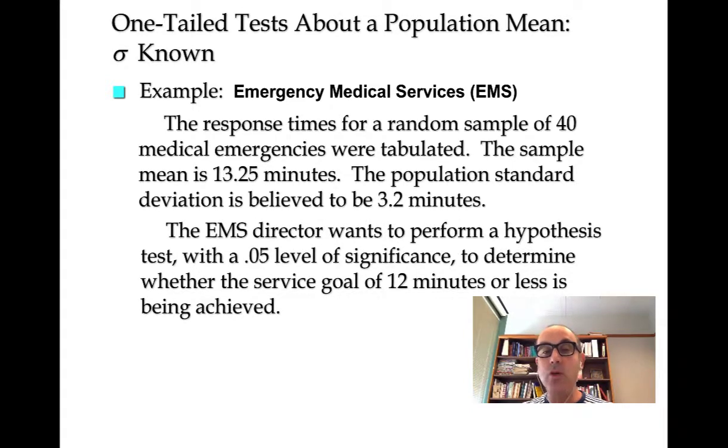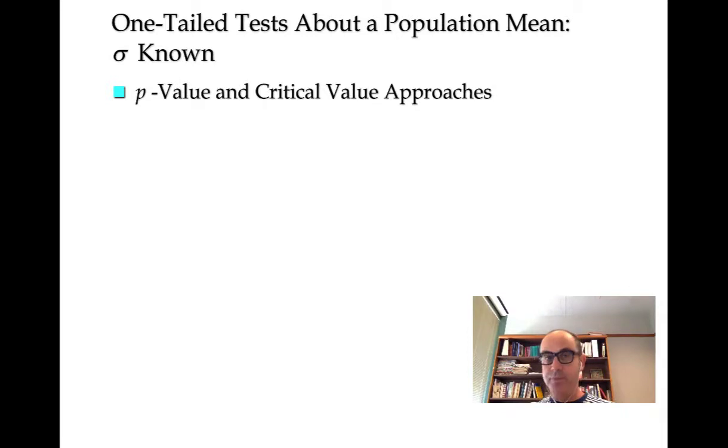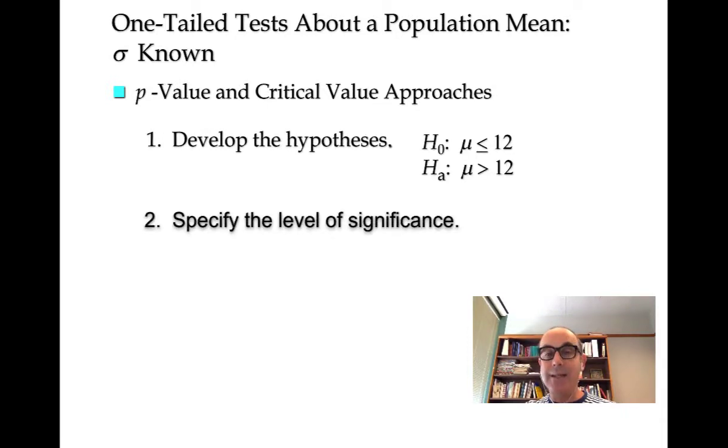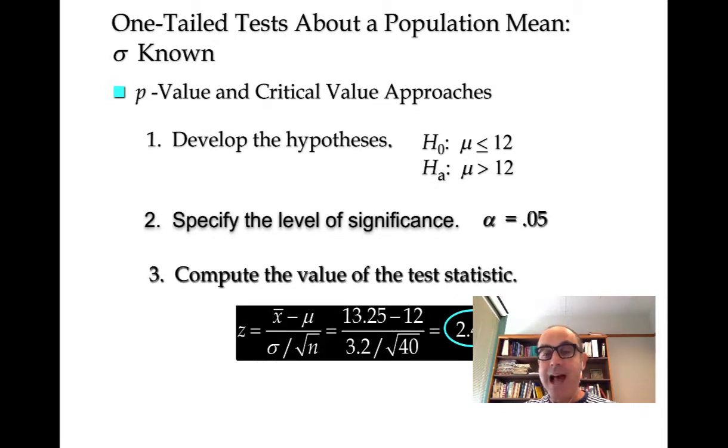In this example, we are giving you the level of significance, 0.05, to determine whether the service goal of 12 minutes or less can be achieved. We know the formula for z, and we determine that the value is 2.46.